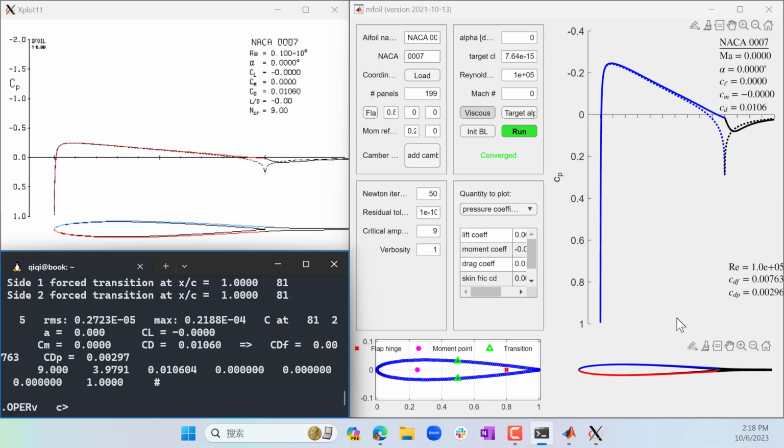So if you think about the effect of a thicker airfoil, if you make the airfoil thicker, the pressure is going to become lower, right?